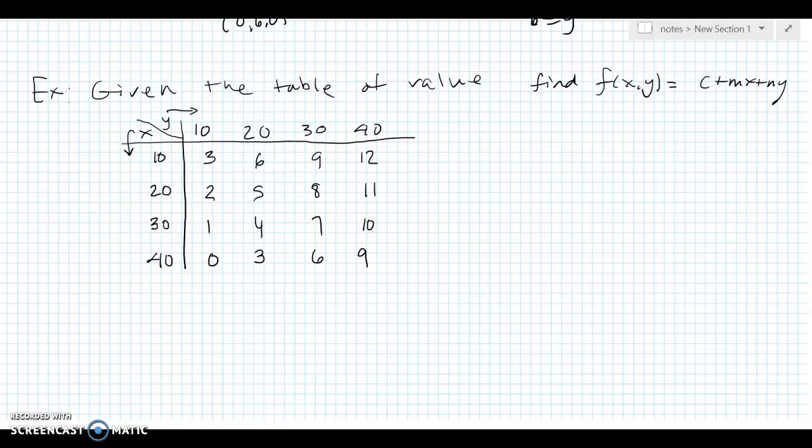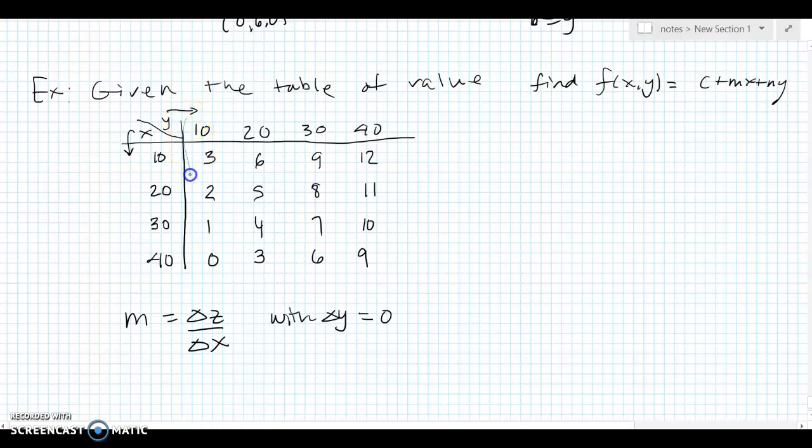So the x values are coming down here, 10, 20, 30, 40. Y values are going up here, 10, 20, 30, 40. And inside are all the z values. So m, remember, is the change in z over the change in x, with y held constant. So pick a y, right here.